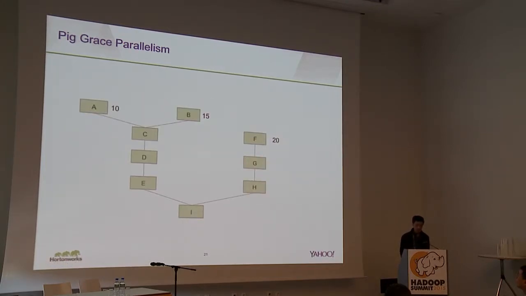So this diagram shows an example of graceful parallelism. Based on the input size of the data, we do a rough estimation of the DAG. Depending on the input size, we have an accurate estimation of the upstream vertices A, B, and F. And then we look into the data pipeline of each vertex and do a rough estimation.